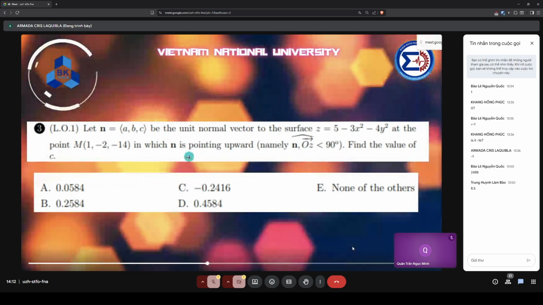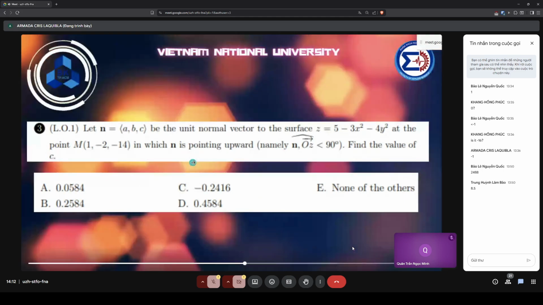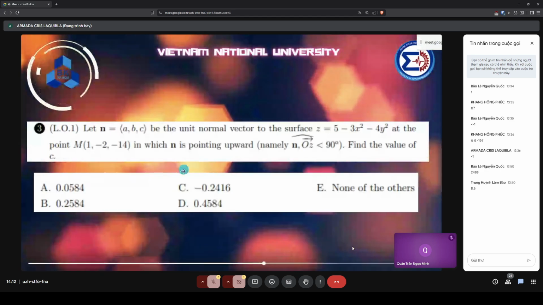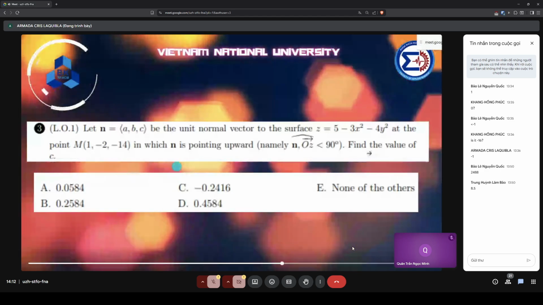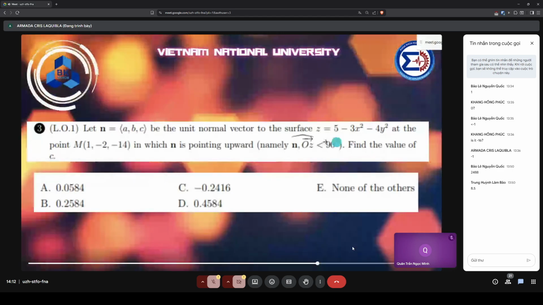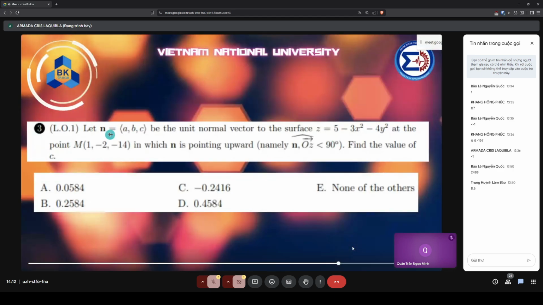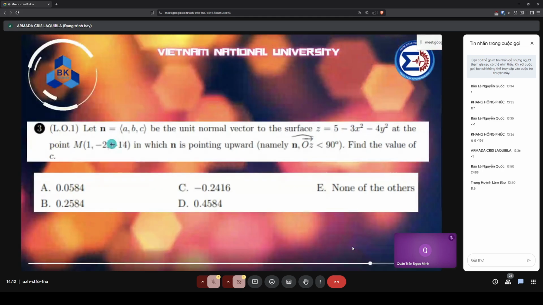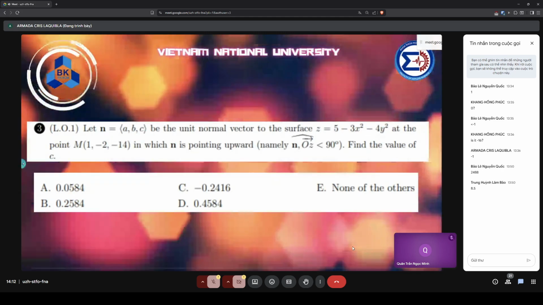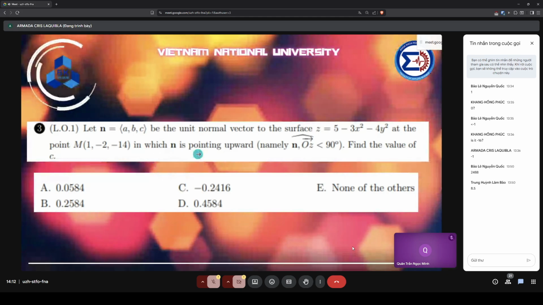So this question is from the previous midterm. We have a given z surface here. Then this is your unit normal vector. N is equal to ABC. You have the z there, and then there's a point M. In which n is pointing upward, greater than 90 degrees. So find the value of c there.